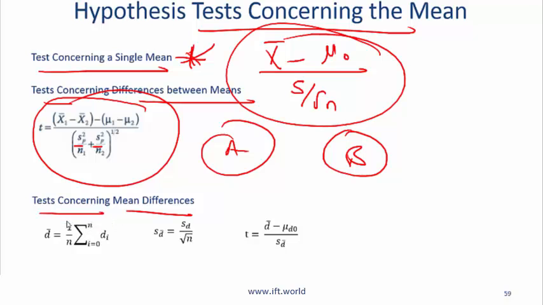That's what we are referring to here, tests concerning mean differences. So you come up with the mean difference denoted by D bar, and then there is a standard deviation. This is the test stat. And then once you have the test stat, the procedure is similar to what we've talked about. You compare with the critical value, and based on that comparison, you decide whether or not to reject the null hypothesis.